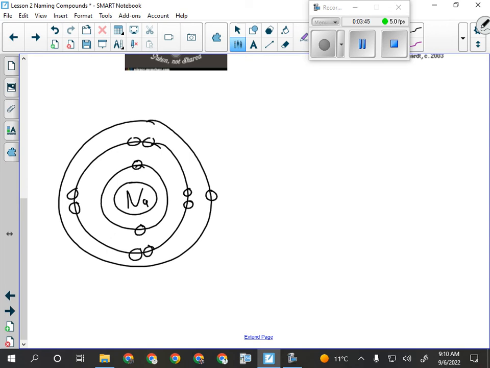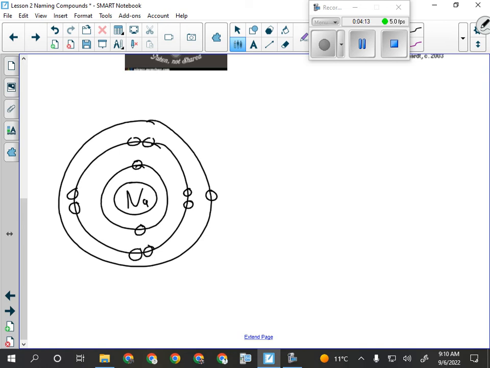So they want to have their electron alignment look like their nearest noble gas. For sodium to do that, to fill its outer shell, would it be easier for it to pick up 7 more electrons to fill it, or to find a home for 1? What do you think? To find a home for 1. It's way easier to donate 1 than it is to pick up 7 more.